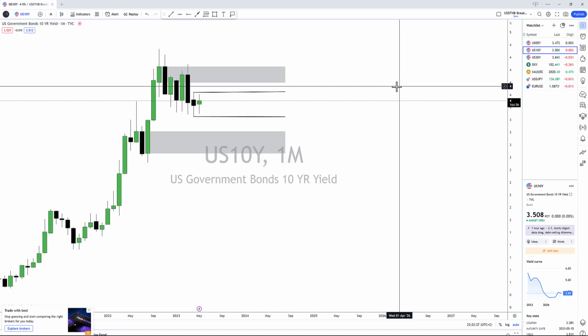So you can see how I've already analyzed these three interest rate triads, how I have looked at them from a market structure point of view, from an institutional order flow point of view, and how I'm building a narrative that is supporting my idea of bearish momentum, right?